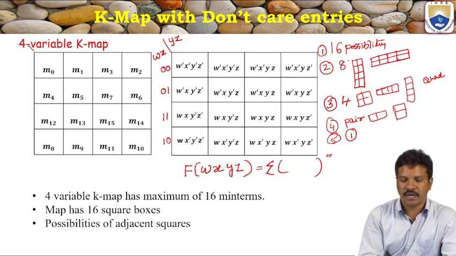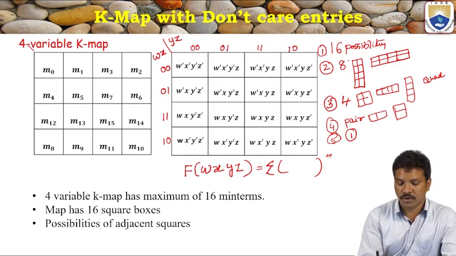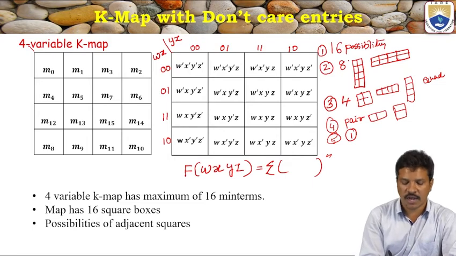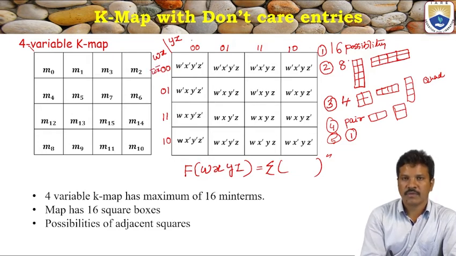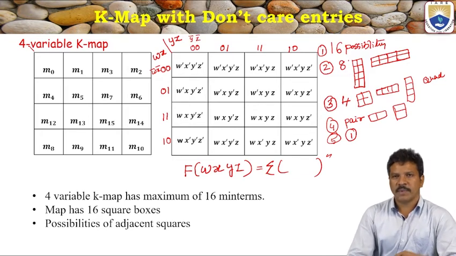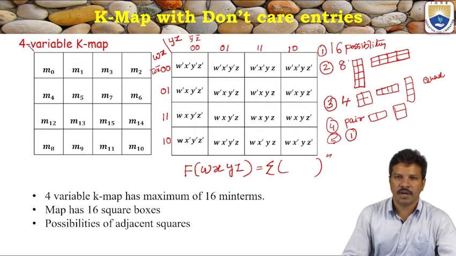So we take this order: 00, 01, 11, 10. What does this 00 in horizontal mean? It means w bar x bar. Vertically, 00 means y bar z bar. Remember that 0 is the complemented and 1 is the uncomplemented variable.